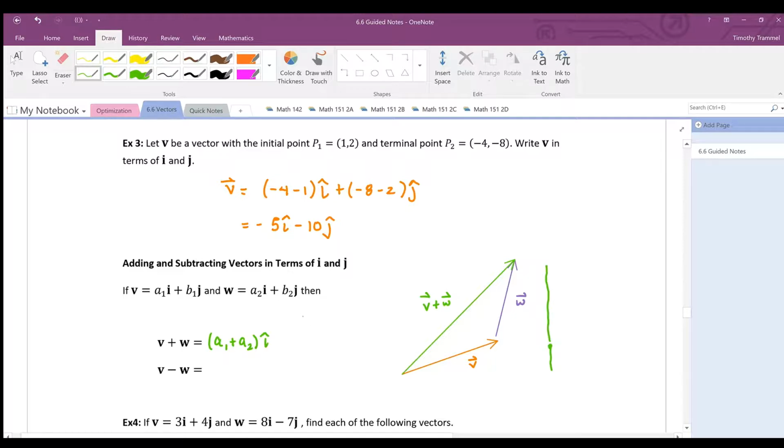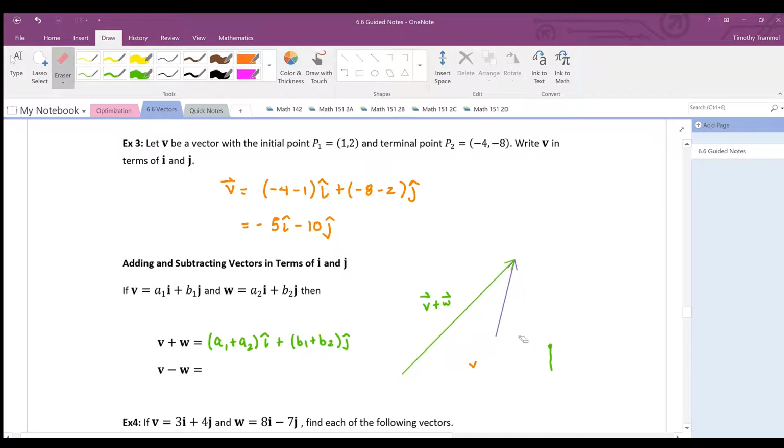So the vertical component is just the sum of the two vertical components, plus b1 plus b2 j. So this is really easy to add when they're written like this.